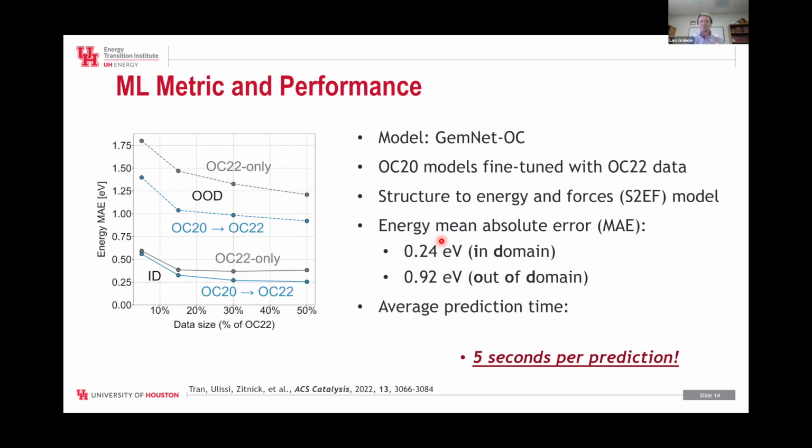The 0.92 is a little bit larger than one would desire. The big advantage of this machine learned model is, of course, its runtime. We can make a prediction every 5 seconds. Whereas if we did this prediction with density functional theory at a much higher level of theory, of course, we get more reliable numbers. However, it would take maybe a minimum of 5 hours, maybe even up to 5 days to get these results and make a single prediction.